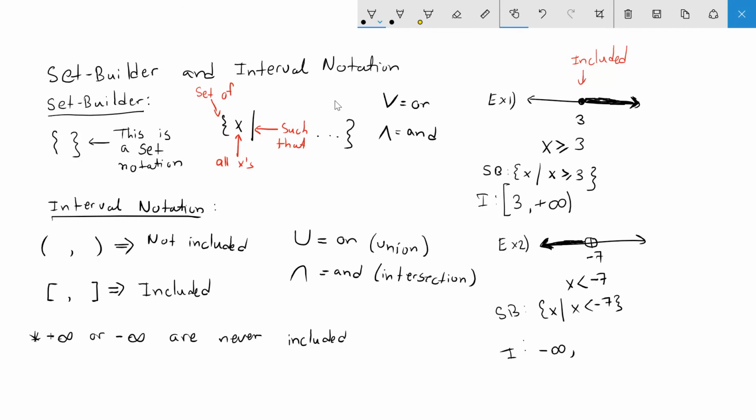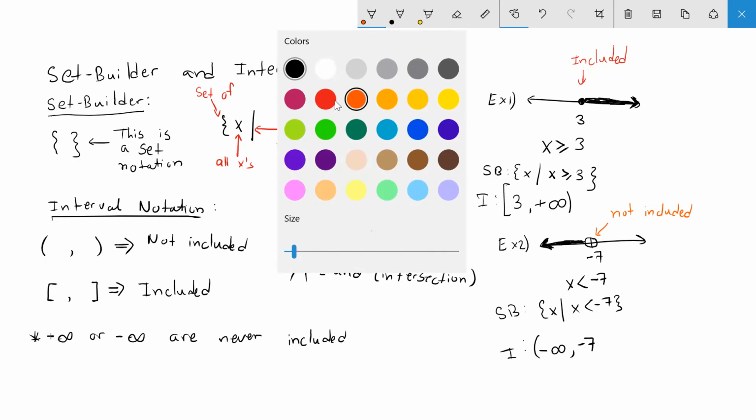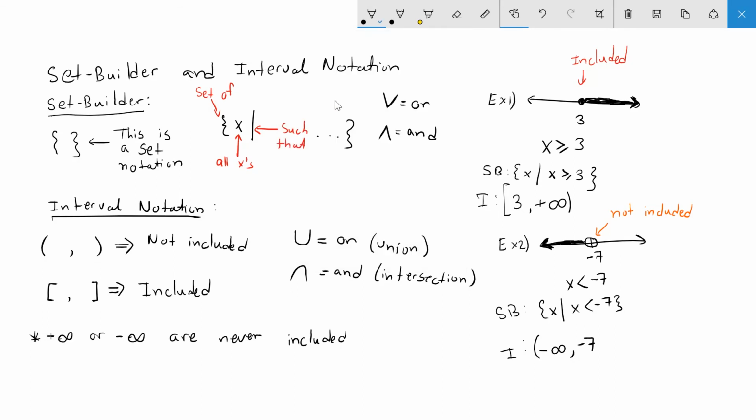So -infinity comma -7. And infinities are never included, therefore the infinity gets a parenthesis around it. And if you look at this 7 here, the 7 is also not included, because there's an open circle. So the 7 will also close off with a parenthesis.